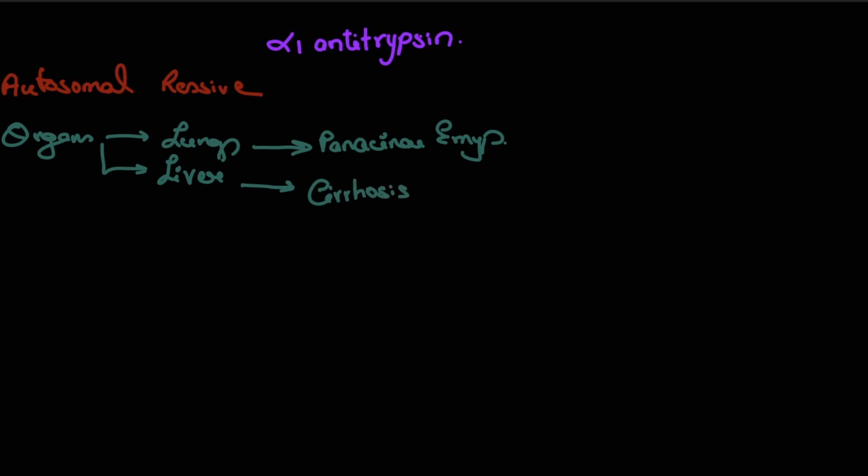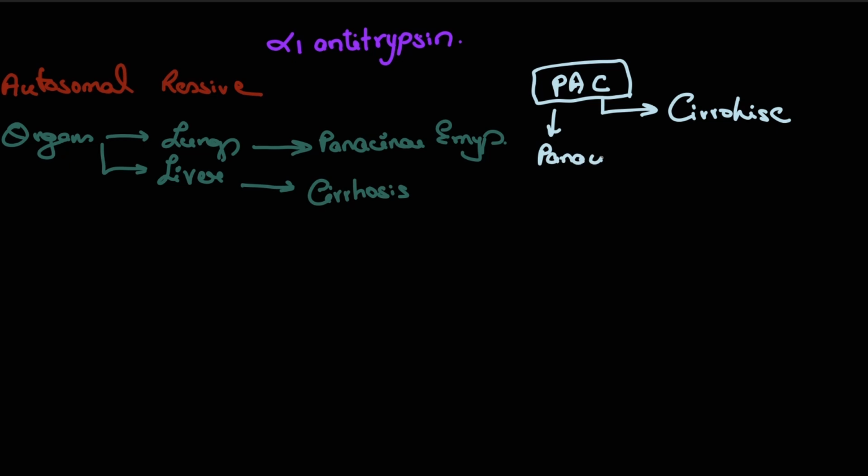And the mnemonic that I am giving is PAC. P-A-C. So this is pan-acinar, this is autosomal recessive and also alpha-1 antitrypsin. So with this you can remember it very well. Okay. And let's go to the genetic value.